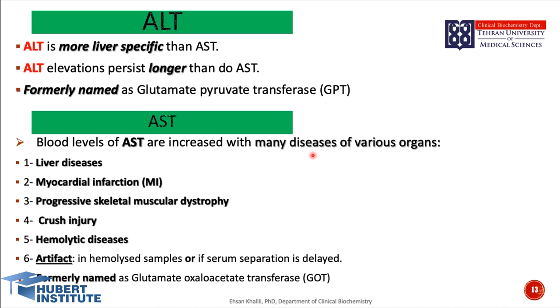The former name for AST was glutamate oxaloacetate transferase, or GOT, like GPT for ALT. It was the historical name for AST, and nowadays it's an out-of-date term.